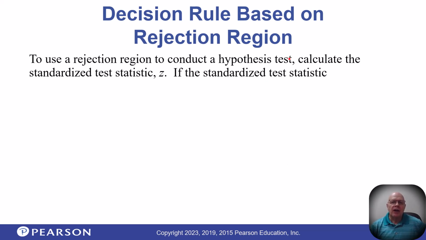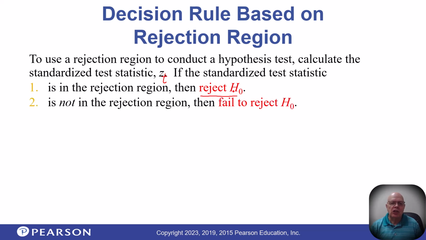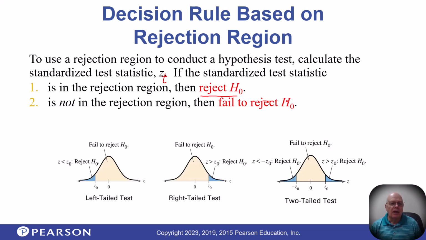So to reiterate, calculate the standardized test statistic now. I like to call it this. If it's in the rejection region, reject the null. If it's not in the rejection region, fail to reject the null. That's pretty simple, right? And there are three pictures again.